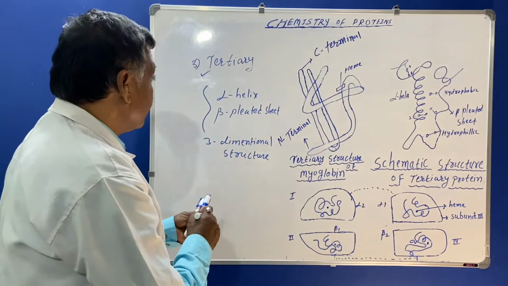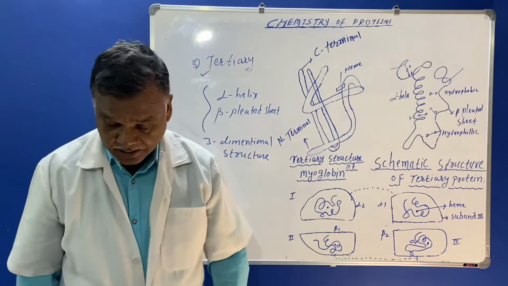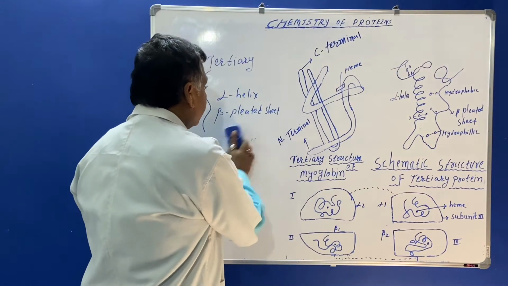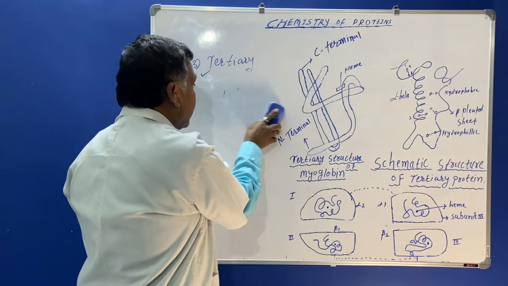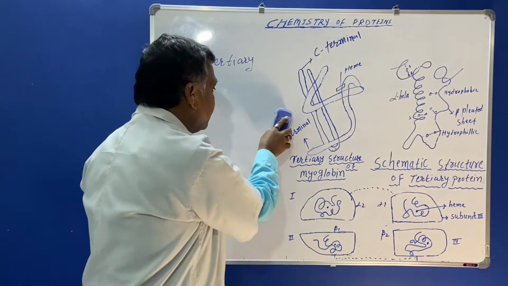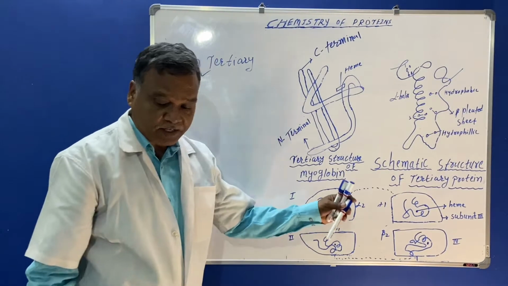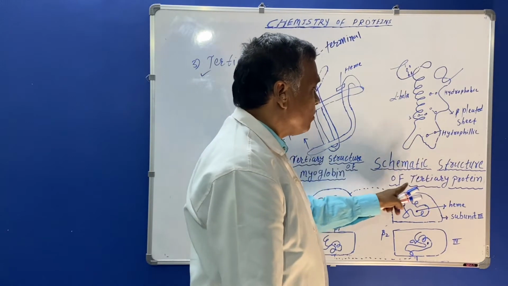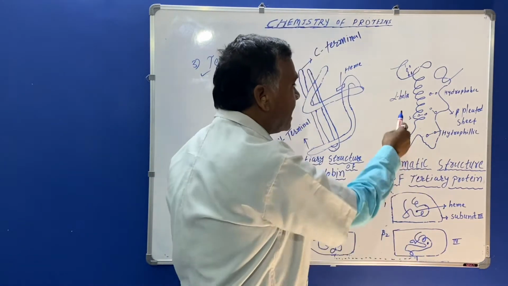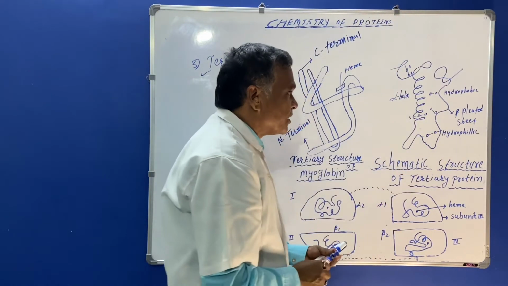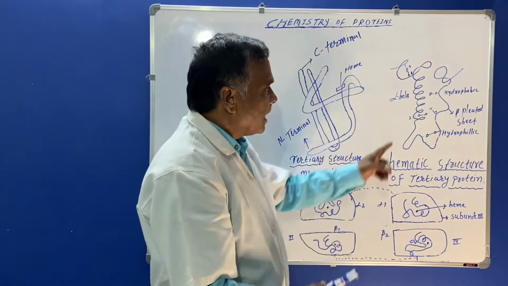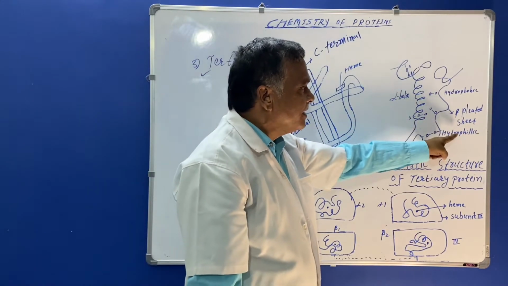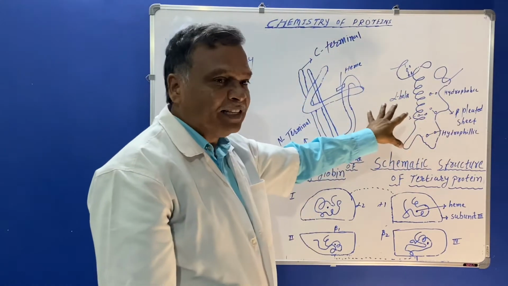So here the tertiary structure of the protein is explained with the help of the diagram. In the first diagram of the tertiary structure, the schematic structure of tertiary protein, the alpha helical structure is shown here and the beta pleated sheet structure is also there.